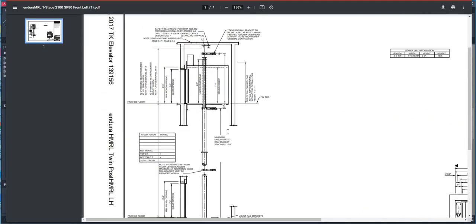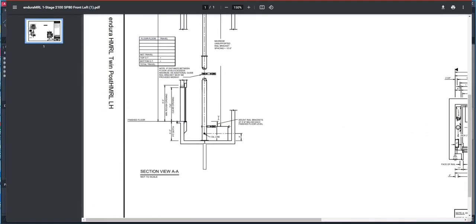So there's going to be a box here for the pit where it has all the necessary modules, electronics, and all that stuff. And on this one, it says that the pit depth is 40.